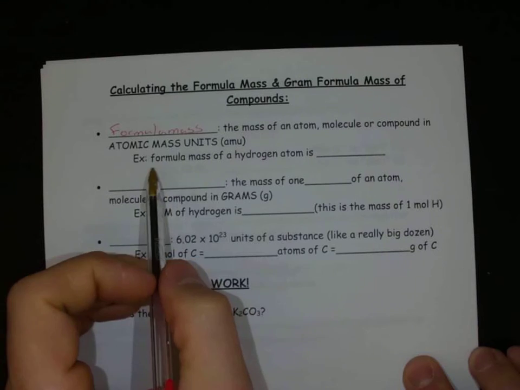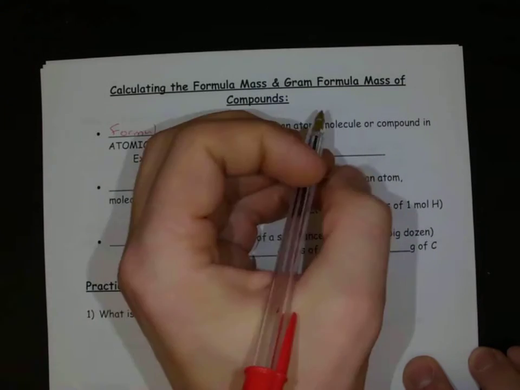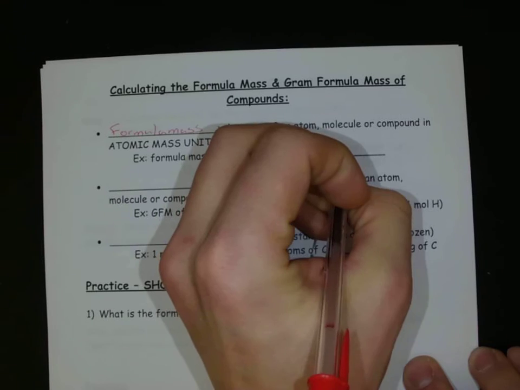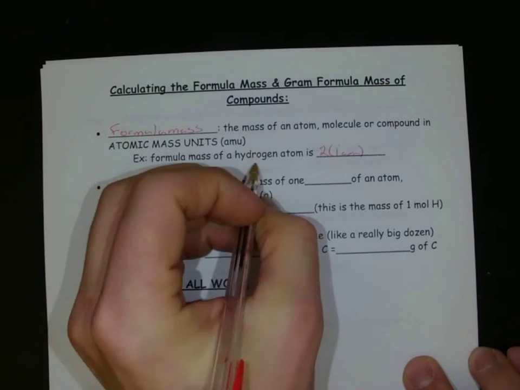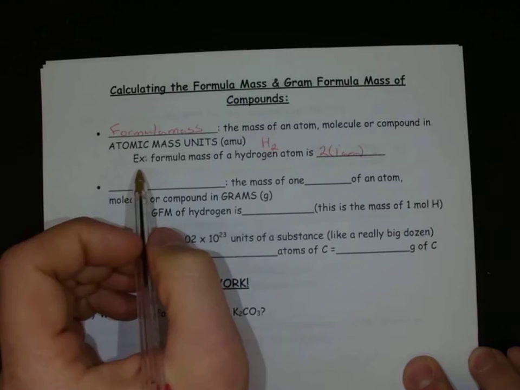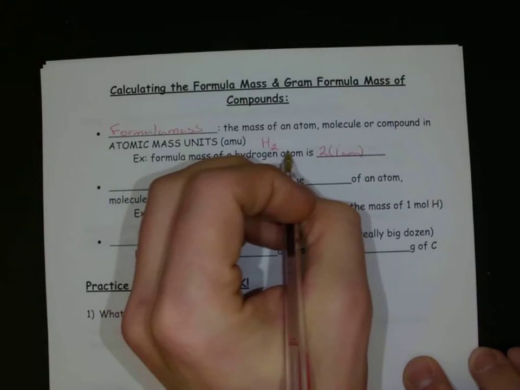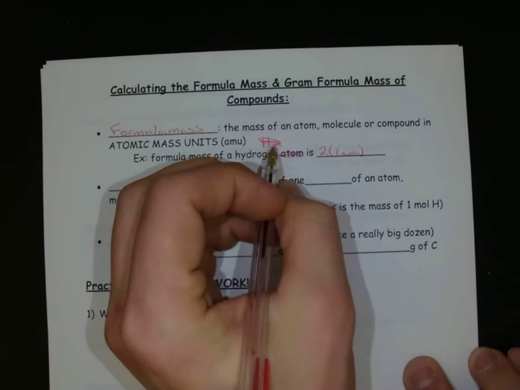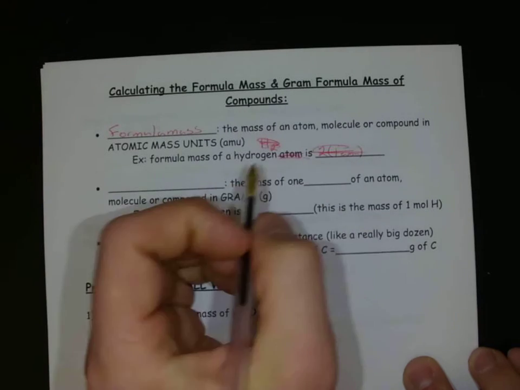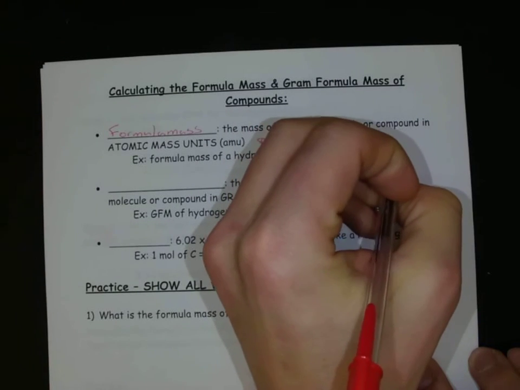So the formula mass of a hydrogen atom is going to be 2 times 1 AMU, because hydrogen is diatomic, so it's going to be H2. Oh wait, this says hydrogen atom. I was wrong. The formula mass of a hydrogen atom is going to be 1 AMU.